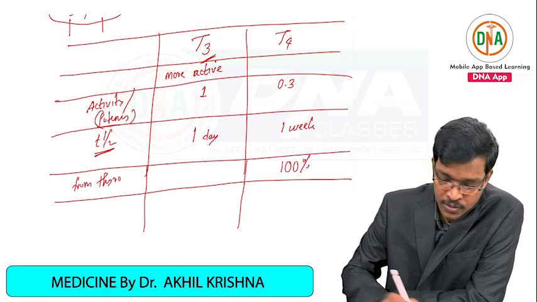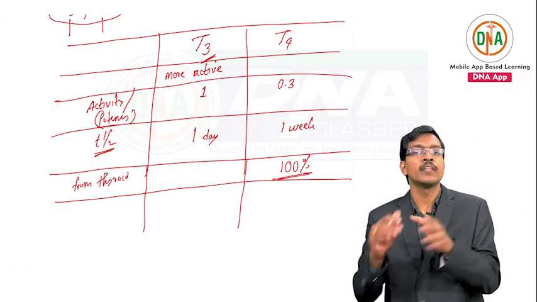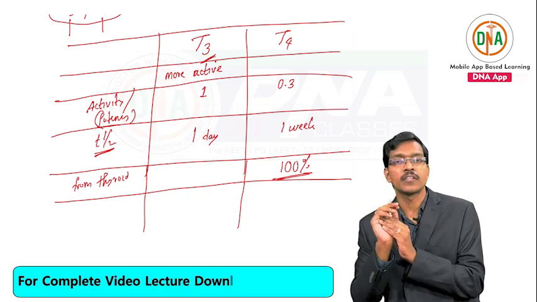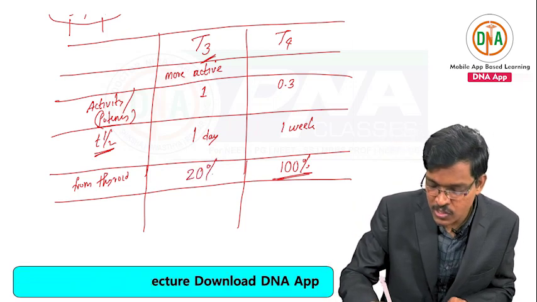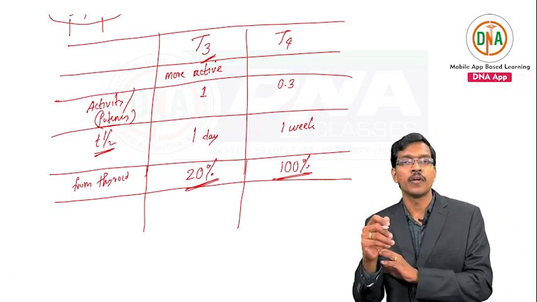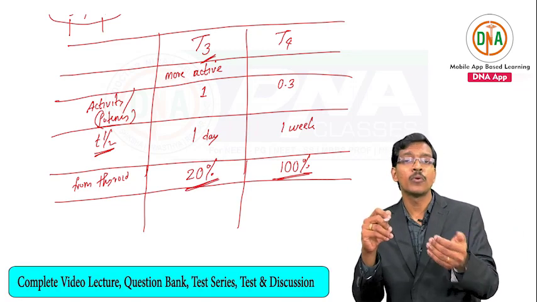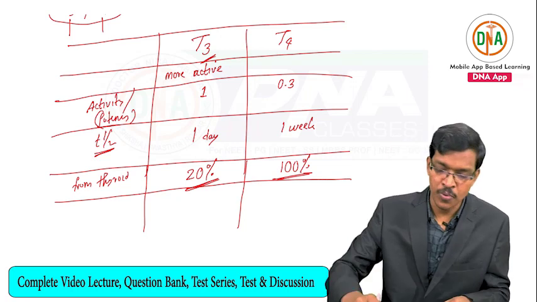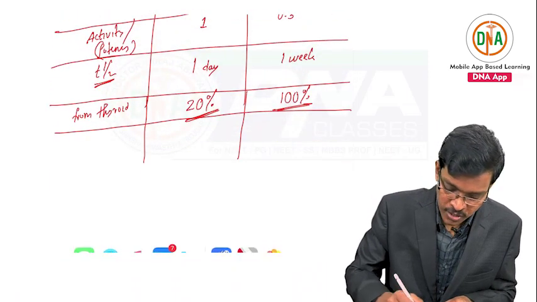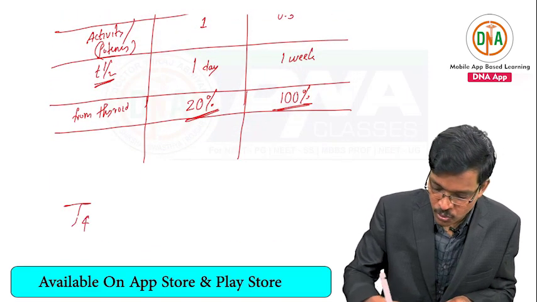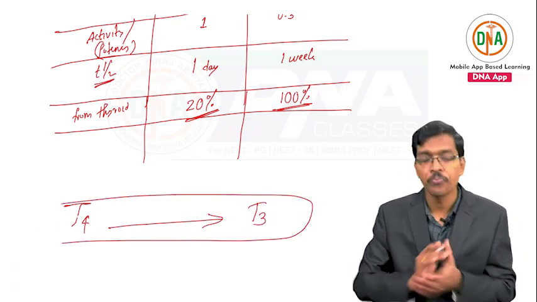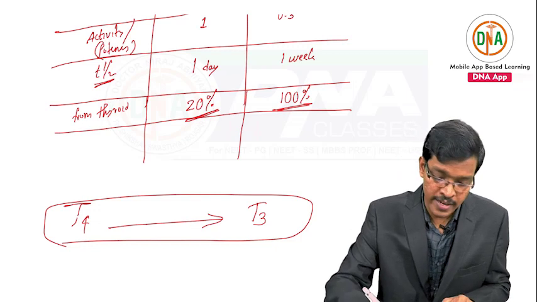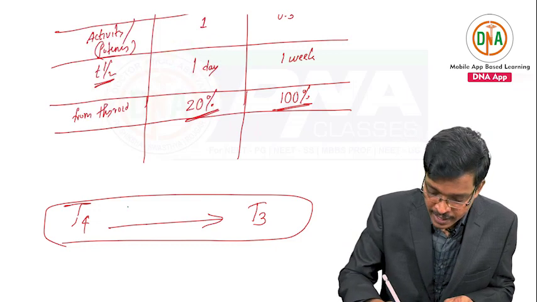Whereas for T3, only 20% of what you see in the bloodstream comes from the thyroid. The rest is produced from T4. So you have T4 to T3 conversion happening in the periphery, with the help of an enzyme known as deiodinase.